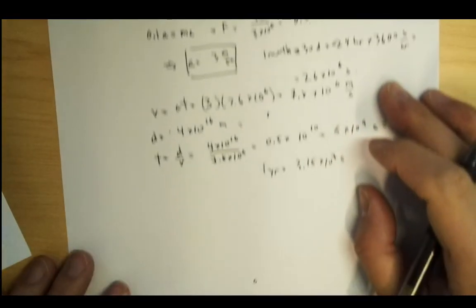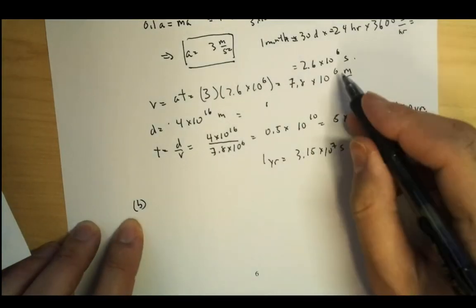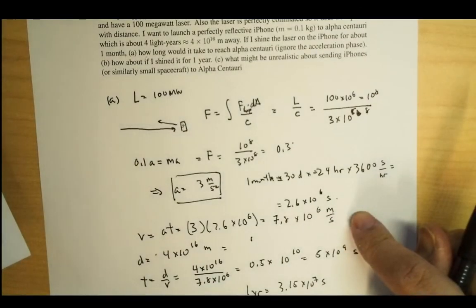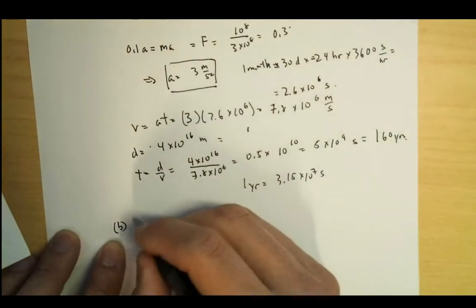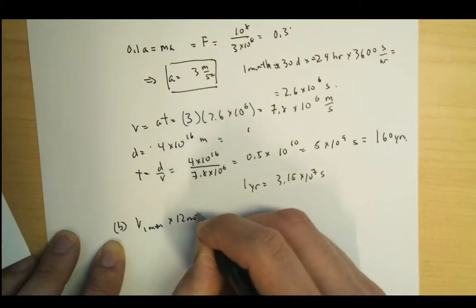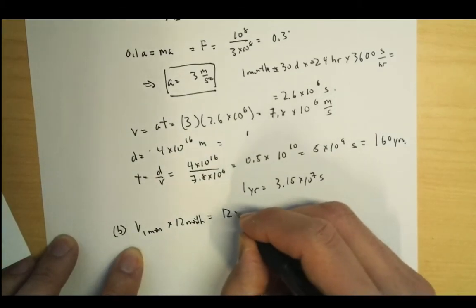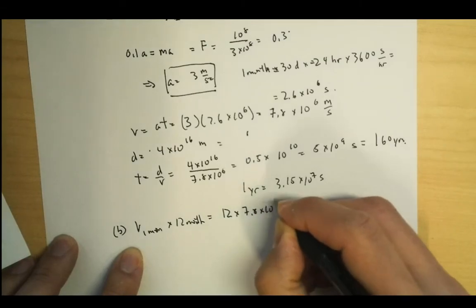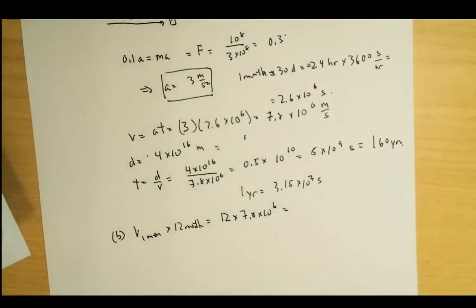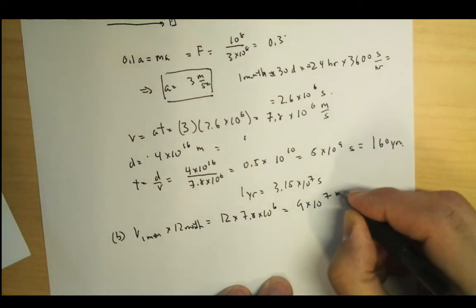Now let's imagine I shine it for a year. For part B, that's not too hard, because I already computed my velocity earlier. I can take the velocity for 1 month times 12 months, which is 12 times 7.8 times 10 to the 6. That's about 9 times 10 to the 7 meters per second.